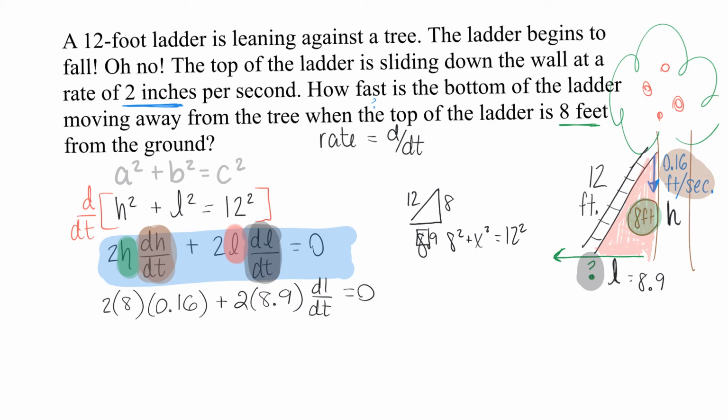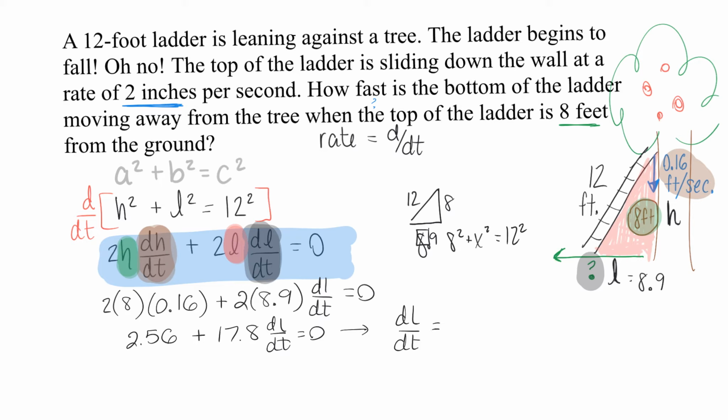So now I can solve that, right? 2 times 8 times 0.16 equals 2.56, plus 8.9 times 2, which is 17.8, times dl dt equals 0. Then I can just rearrange and solve for dl dt.